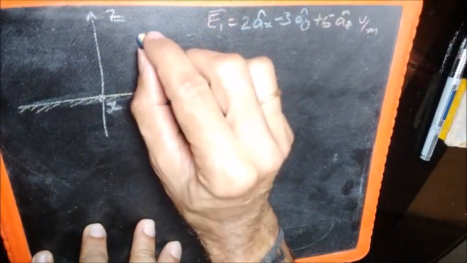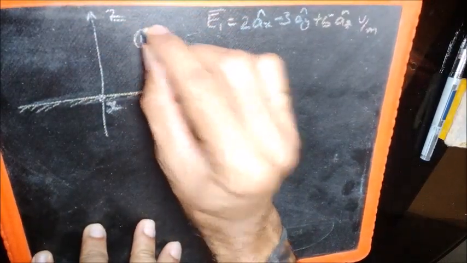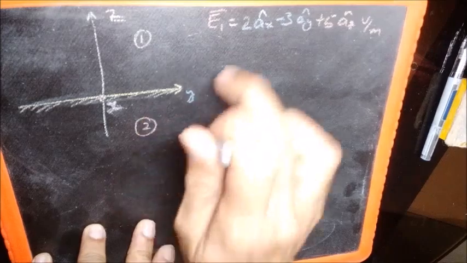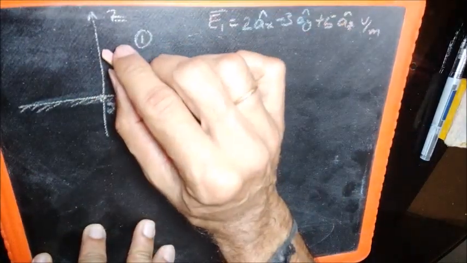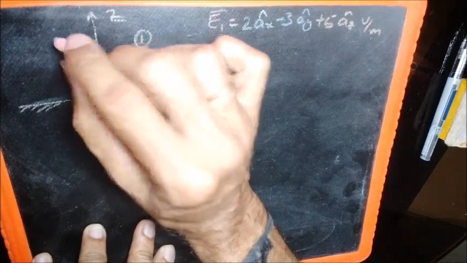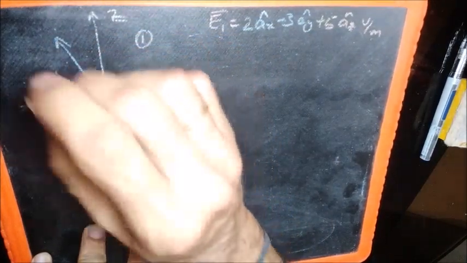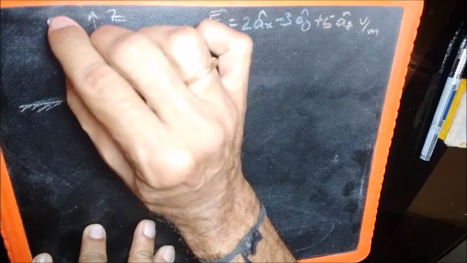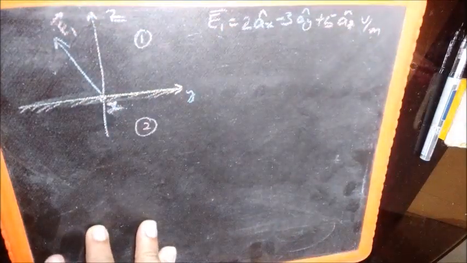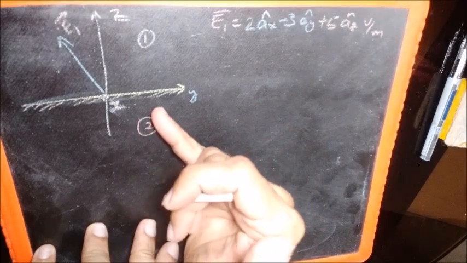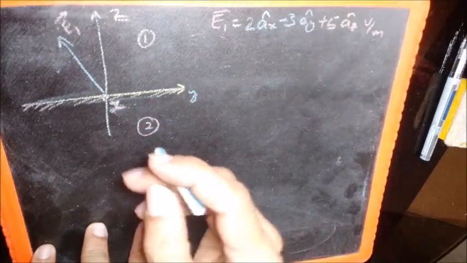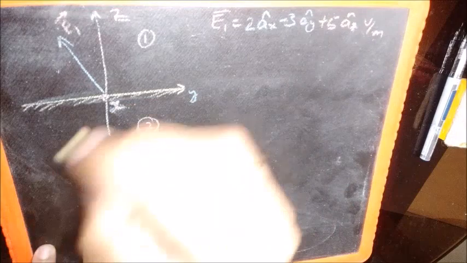And let's say that this is region 1 and this is region 2. So E1 is the electric field in this region. Let this be E1. And we have to find out D2, that is the flux density in this region. And we should also find out the angles theta 1, theta 2.